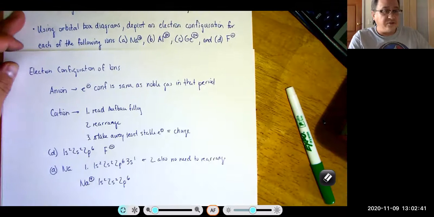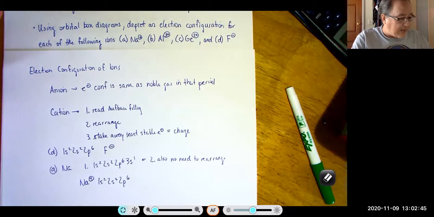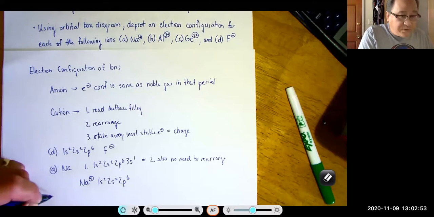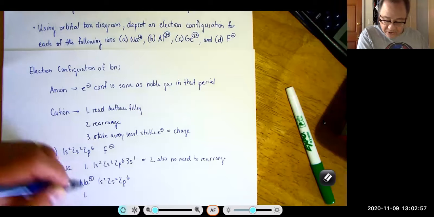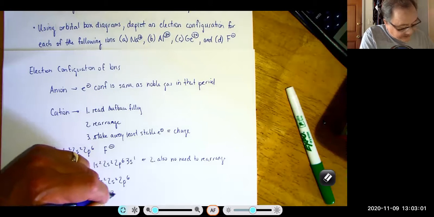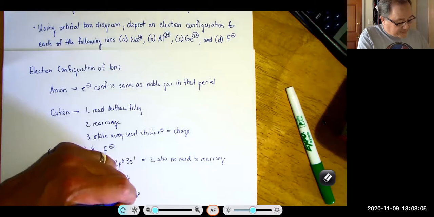But you'll notice I did not say that the rule for cations was to make them match the preceding noble gas. I didn't say that. And when we do B, you might think, well, why not? So here's aluminum, 1s2, 2s2, 2p6, 3s2, 3p1.